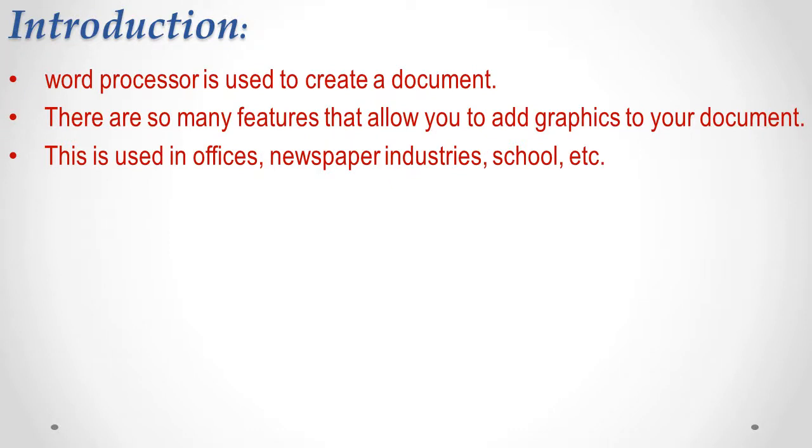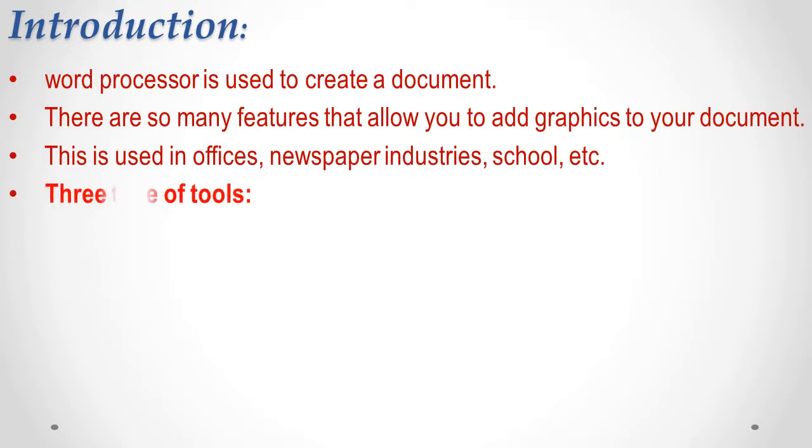Mainly it will be used in offices and newspaper industries to create a newspaper, and also in schools. You already know why they use it in a school. MS Word is used in many fields, for various purposes, to create a letter, to send a letter, to give effects to a letter. So many uses are there using MS Word.